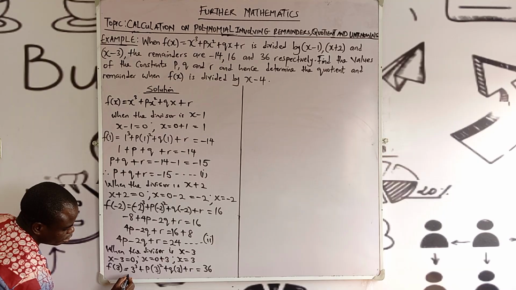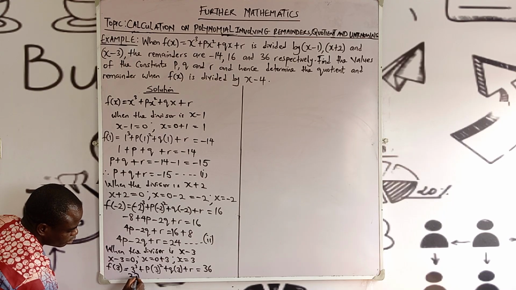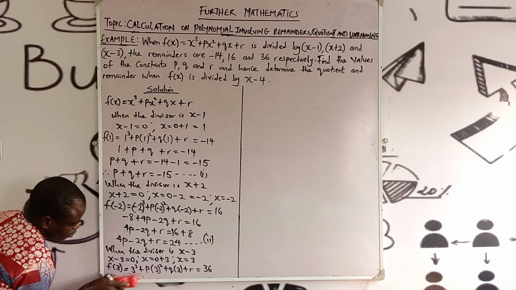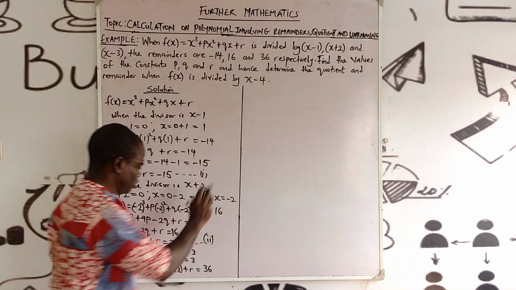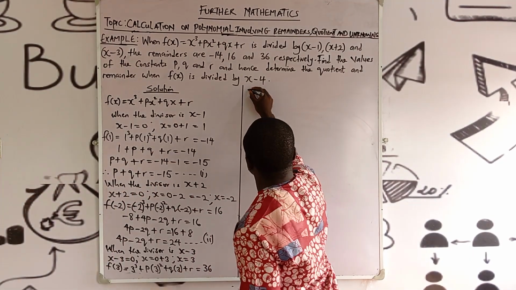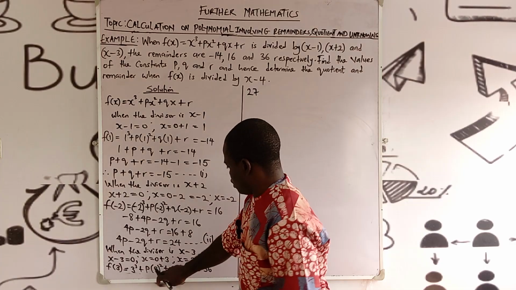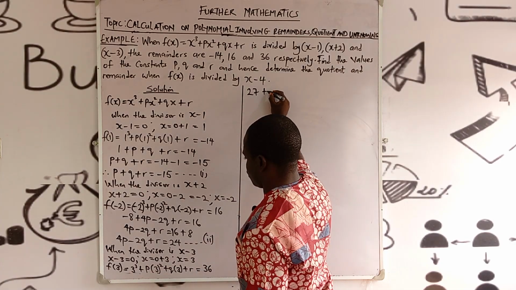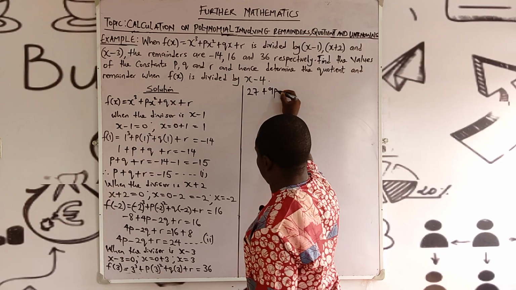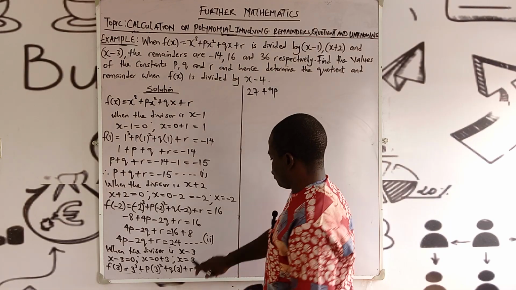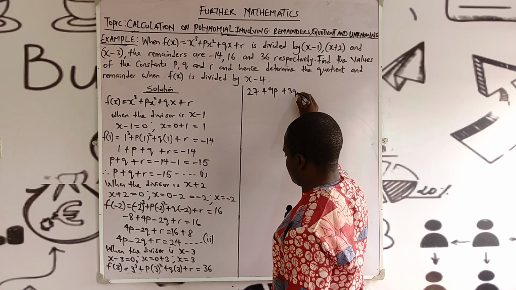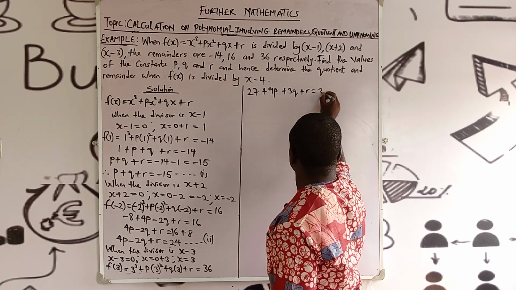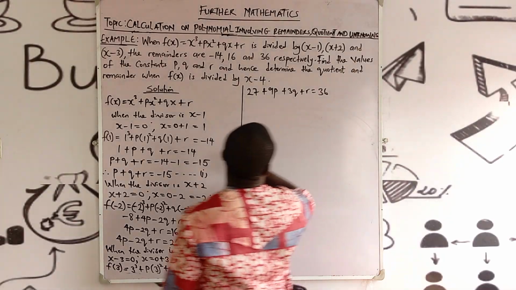3 raised to the power 3 is 27. 3 squared is 9, so 27 plus 9p plus 3q plus r equals 36.